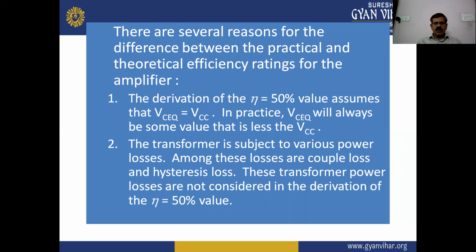Second, the transformer is subject to various power losses. Among these losses are copper loss and hysteresis loss. These transformer power losses are not considered in the derivation of the efficiency 50% value. So these are some of the reasons for the difference between the practical and theoretical efficiency rating for the amplifier.